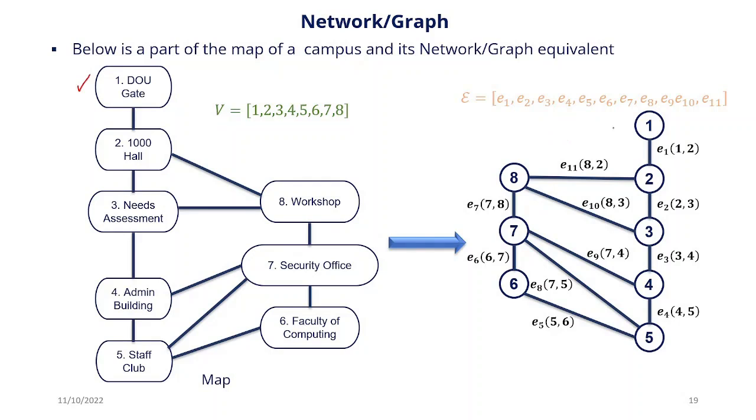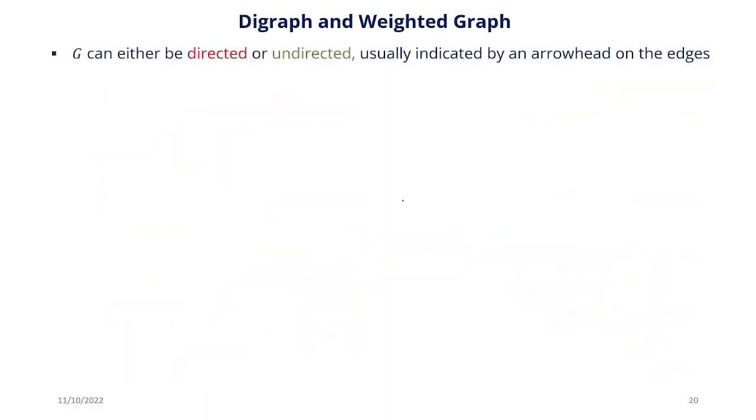So we have 11 roads connecting these landmarks together, and those 11 roads are the links or the edges, which are represented by this set of edges. So a graph will always be described by the set of vertices and the set of edges. So we call this the equivalent network or graph.